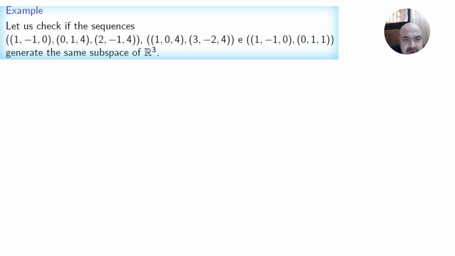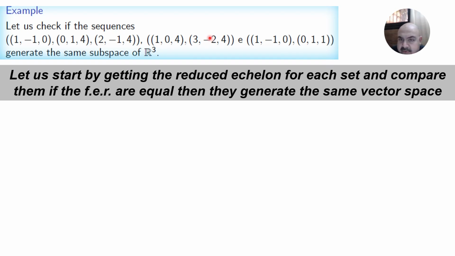Here you are given three sets of sequences. The first set consists of the first, second and third vectors, which contains three vectors. The second set contains two vectors, and the third one also contains two vectors. I want to check if they can generate the same subspace of R3. The idea is really very simple.